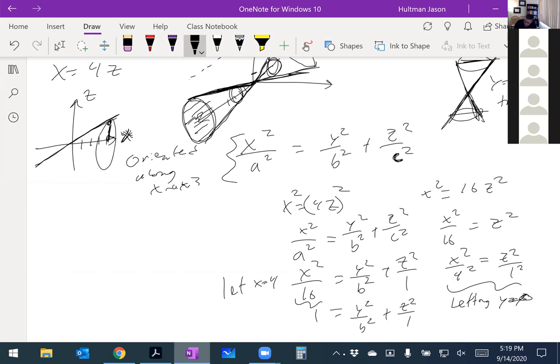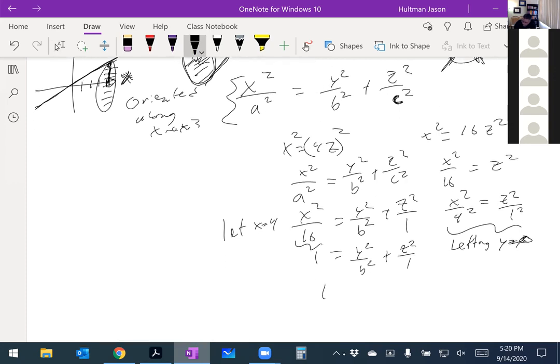So what would be the radius of that circle? Wouldn't the radius be 1 if I went out 4 in the x direction? Wouldn't this slice of this cone have a radius of 1?